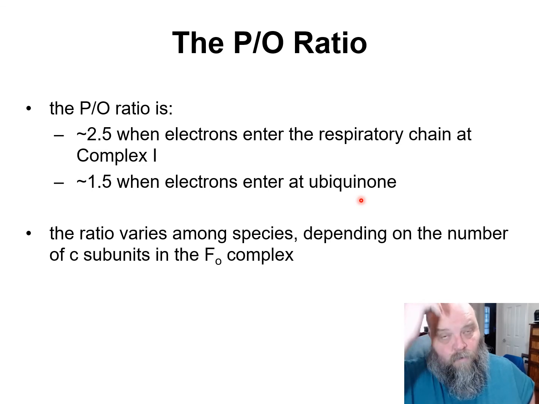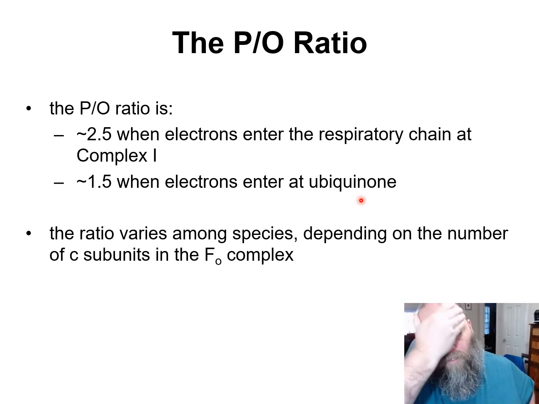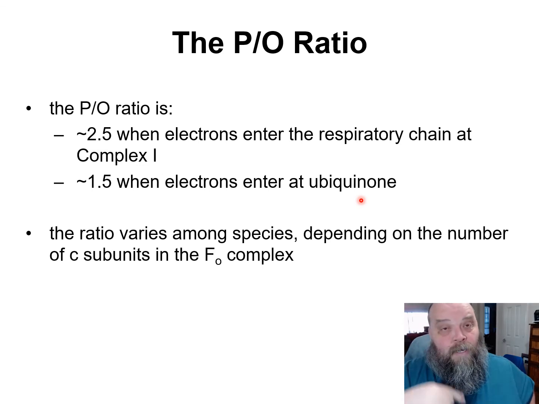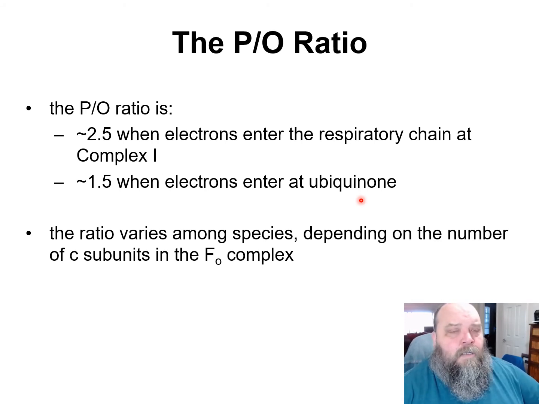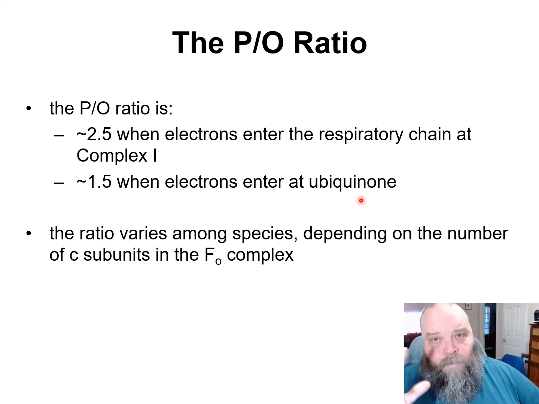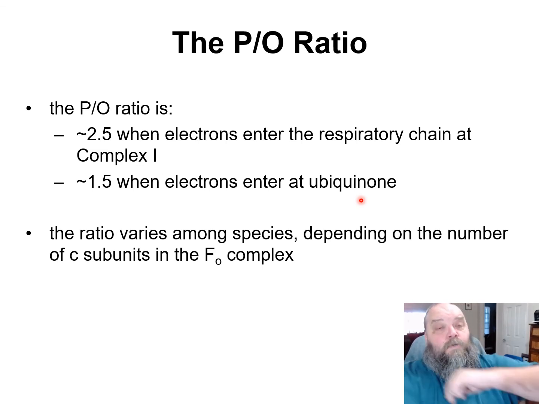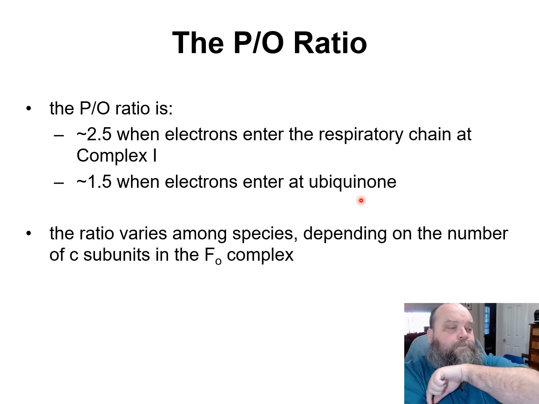Remember, FADH2 can just directly go to ubiquinone. They can bypass complex 1 and complex 2, so less energy is lost. More hydrogens can be pumped because you're bypassing that second law of thermodynamics by reducing the number of transfers.